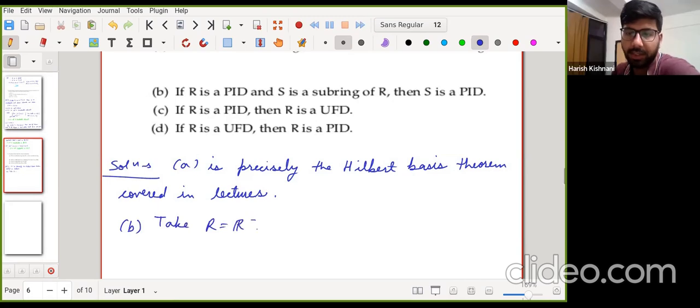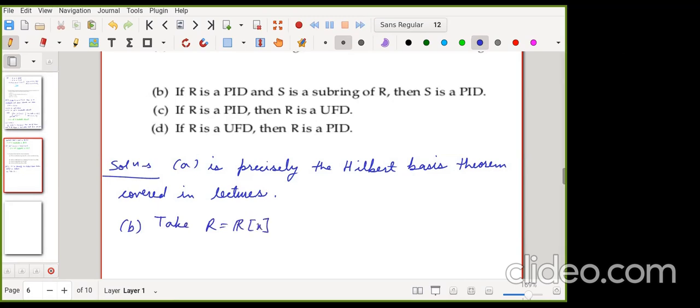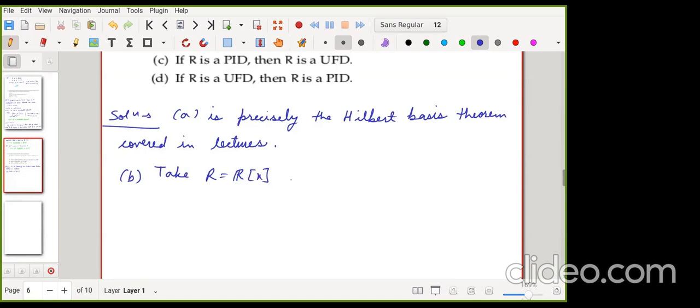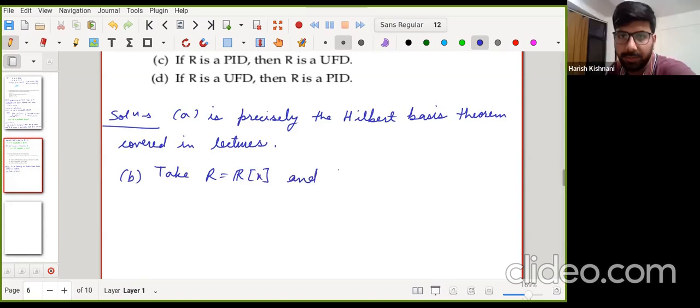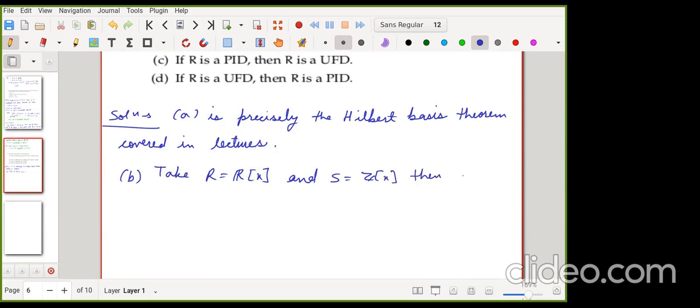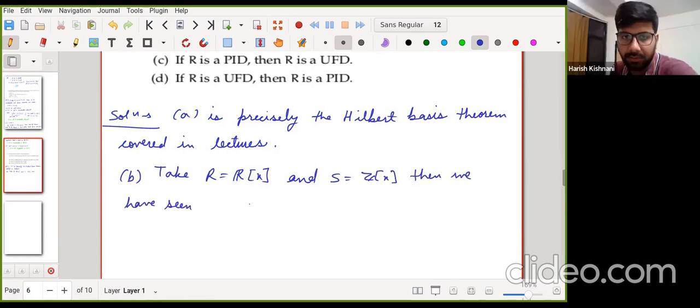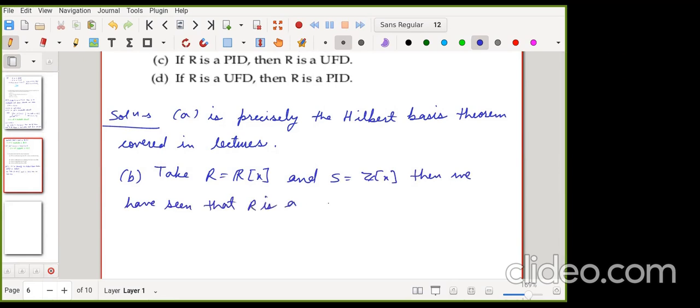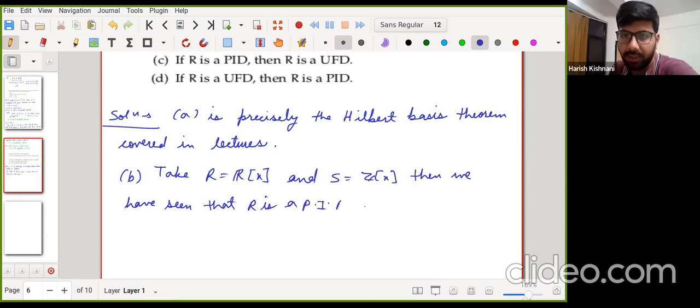Yes, take R to be R[x] and S to be Z[x]. Then we have seen that R is a PID, but S is not a PID.